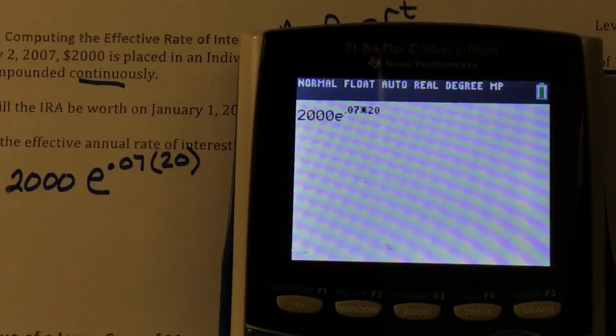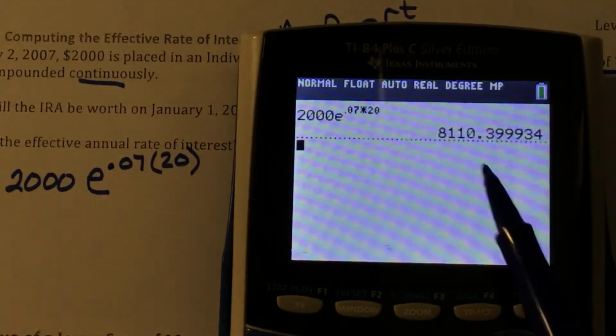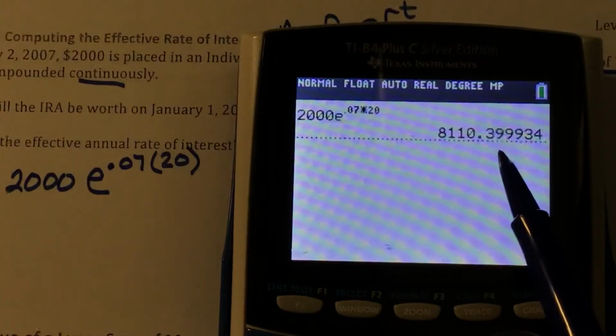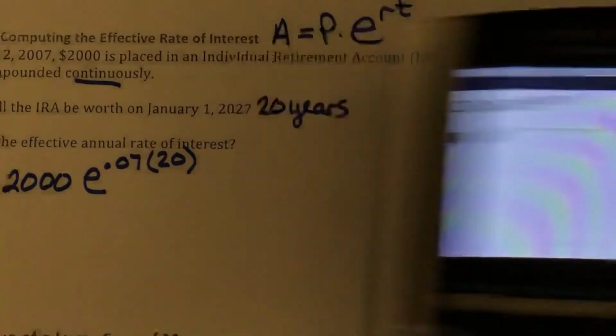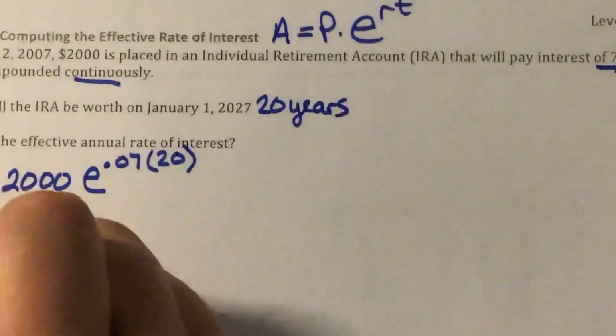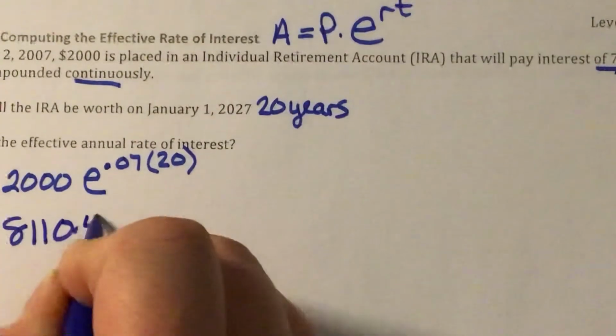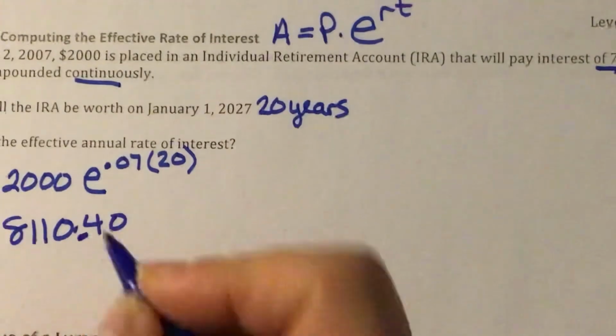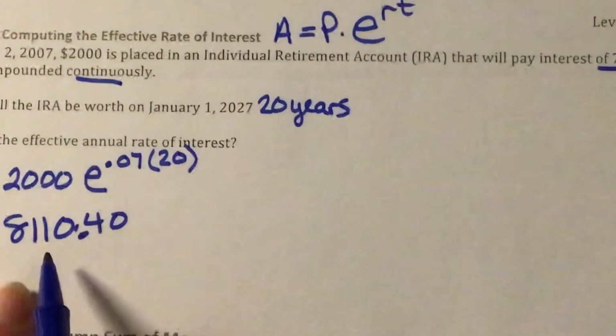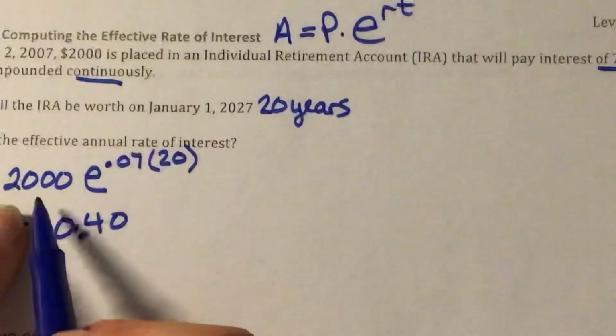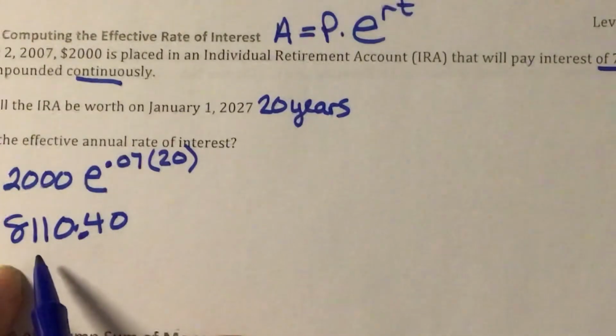If I want to get my cursor out of the exponent, I have to use the arrow, and then it'll drop down. But when I do that calculation, I get $8,110, and we always round to the nearest cent, so that'd be 40 cents. So the amount after 20 years is $8,110.40. All right, so that's a pretty good investment right there. You start with 2,000, you go to 8,000.